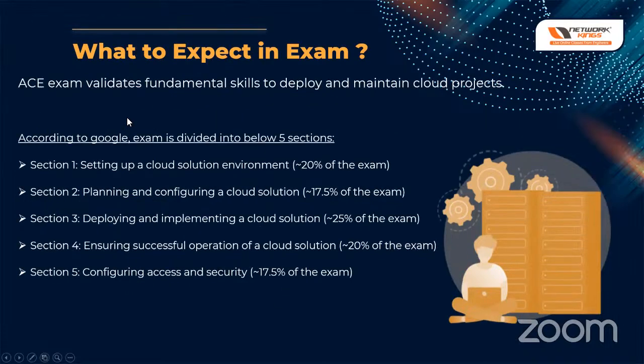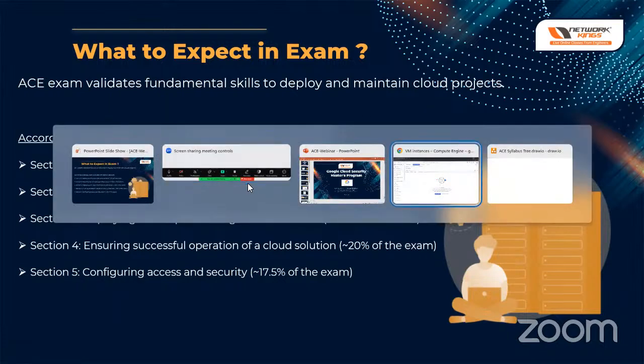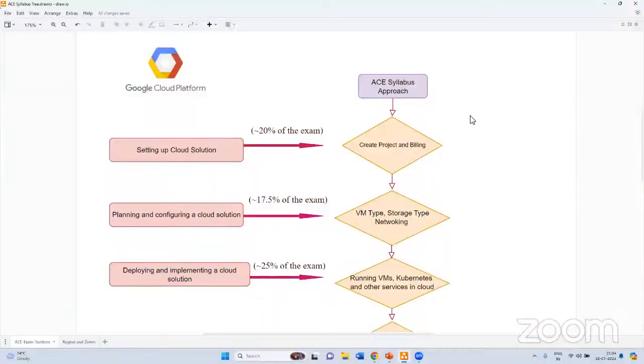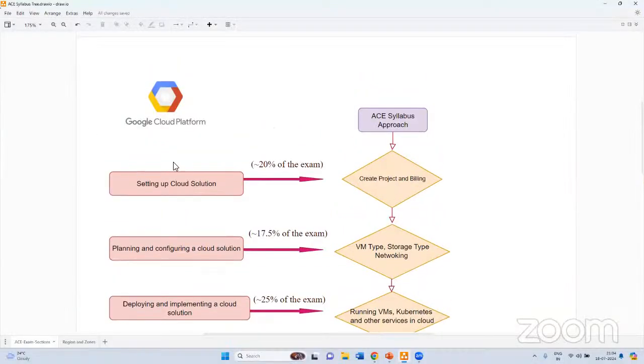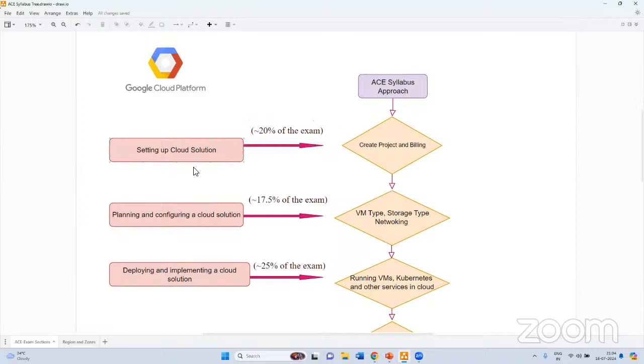So what to expect in the exam? This is something I got from the Google official website, but I have broken it down into a more understandable format for the exam syllabus. We are focusing only on Associate Cloud Engineer in this webinar. 20% of this exam will be based on setting up cloud solutions. What is setting up cloud solutions?